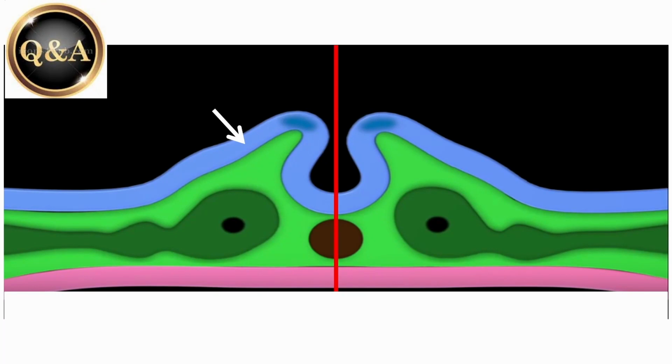The top one, the blue one here, is the ectoderm, the outer layer. Your skin is from ectoderm. And then we have the green colored structure, which is the middle paper of the three, called mesoderm. Your muscles and other structures under the skin develop from this middle layer, the mesoderm.